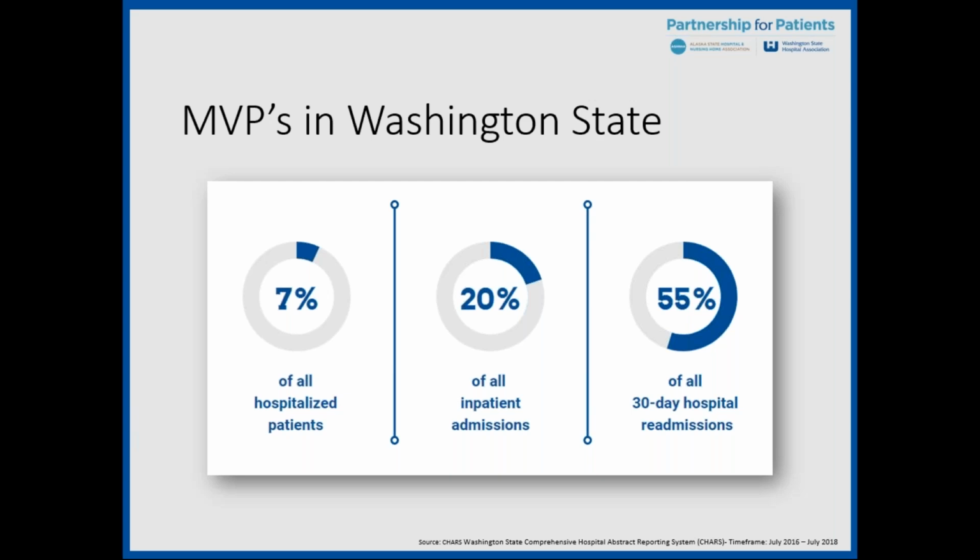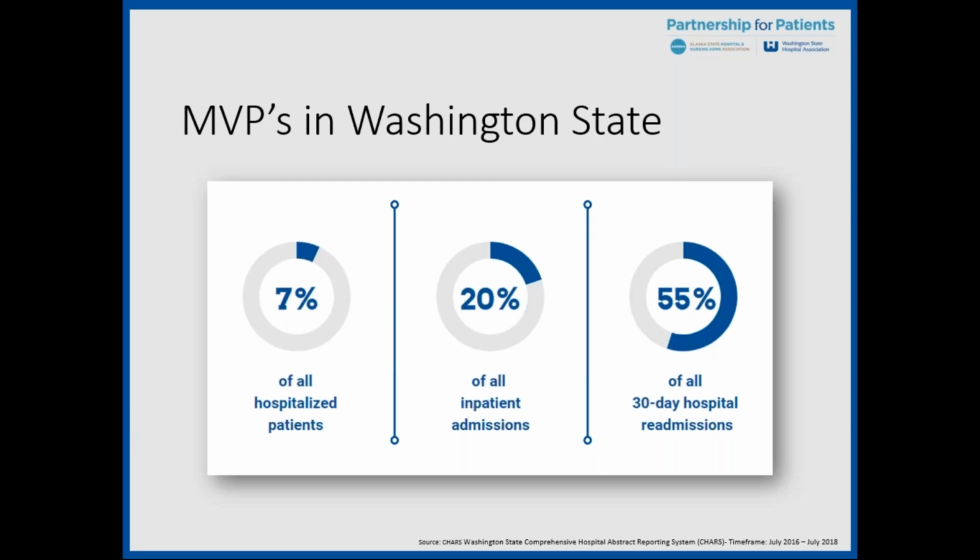And then they contribute to 55% of all 30-day hospital readmissions. And that's all cause, all payer readmissions. What to highlight here is that a really small percentage of patients, 7%, contribute to more than 50% of our 30-day readmissions, even though this definition is not defined at all by a patient coming back in 30 days.